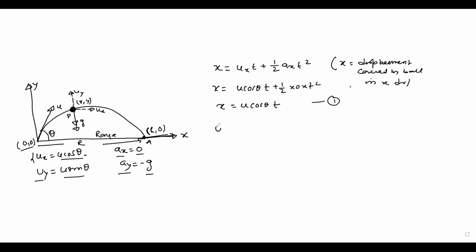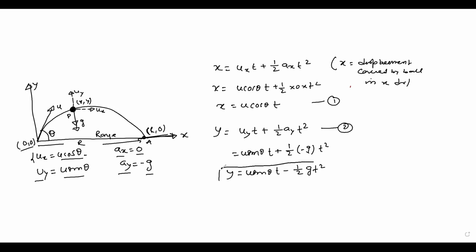And if we write the same for the y direction, then y equal to uy t plus half ay t square. So we may write u sin theta t plus half minus g t square, so y equal to u sin theta t minus half g t square.